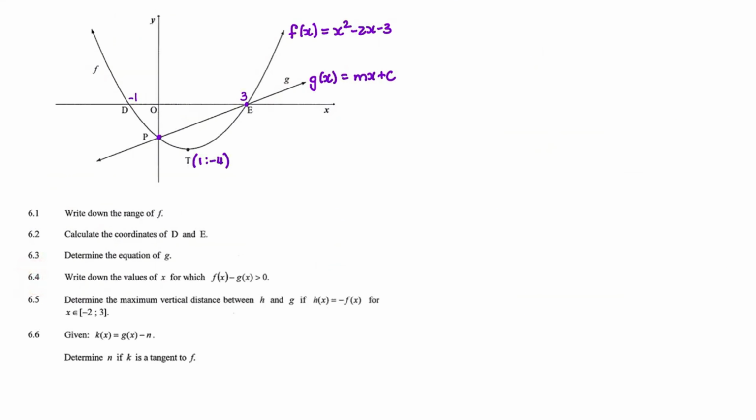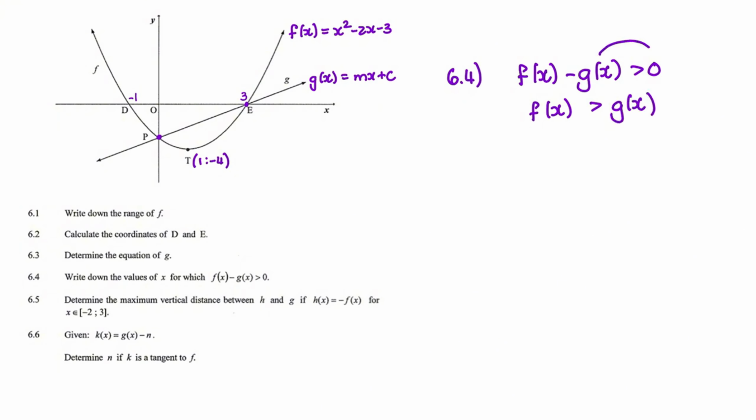6.4. Write down the values of x for which f(x) minus g(x) is bigger than 0. If I take the inequality f(x) minus g(x) bigger than 0, I can write it as f(x) is bigger than g(x). I simply move the g(x) to the right-hand side of the inequality.